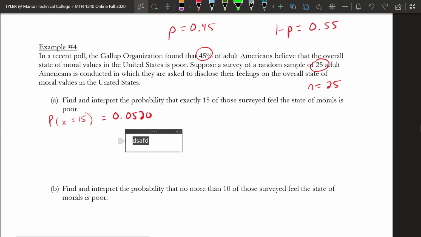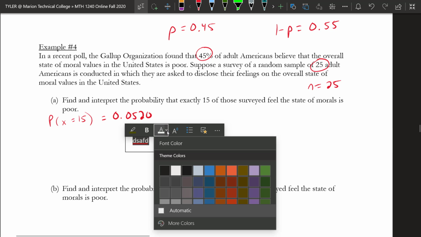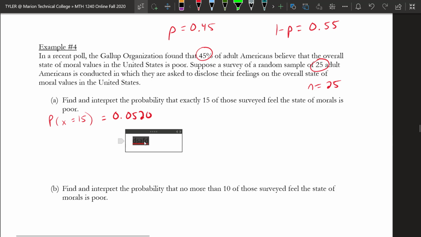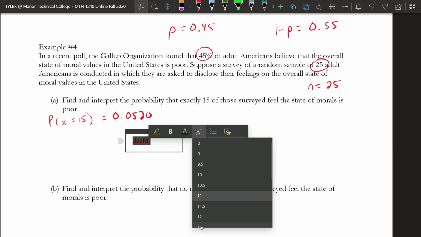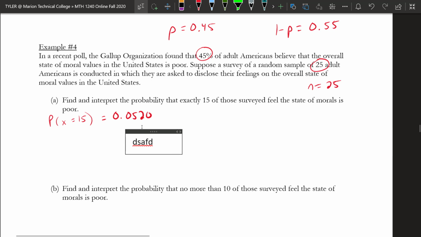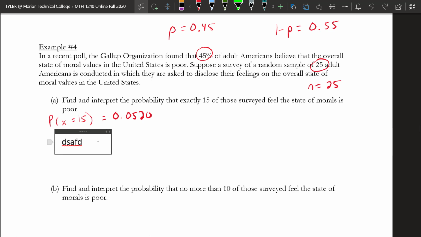So I'm going to just go ahead and type this. Let me get everything set up. So we could say, I'm going to use 100 trials, so I'm thinking of this number as 0.05, because that would be to the nearest hundredth.